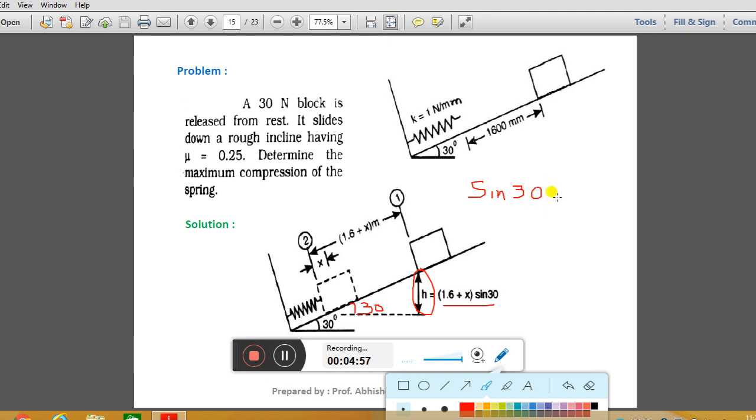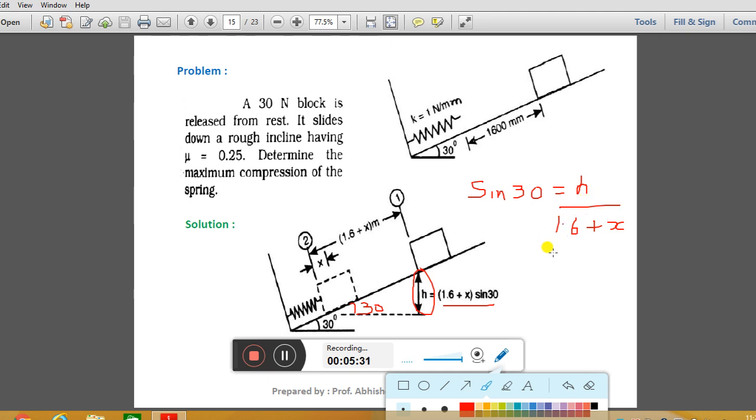is equal to perpendicular divided by hypotenuse. Here the perpendicular is h, the vertical displacement, divided by the hypotenuse, which is 1.6 plus x. From this we can easily find the value of h.